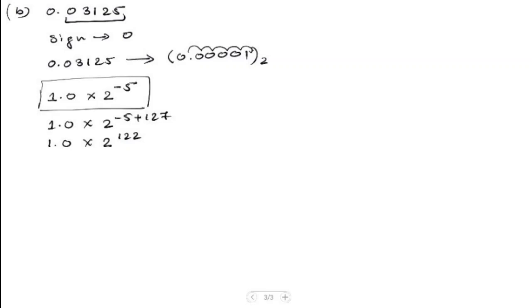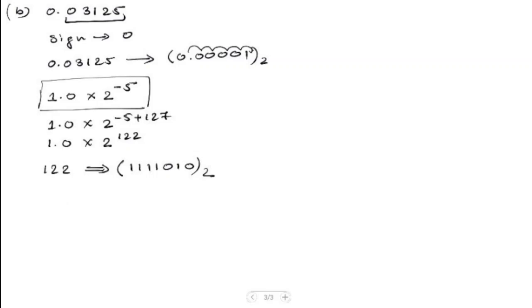So what we're supposed to do now is take this exponent and make it a binary number, right? So we take 122, and in binary representation this number will be 1111010. Alright, so that's the binary representation of this number here.